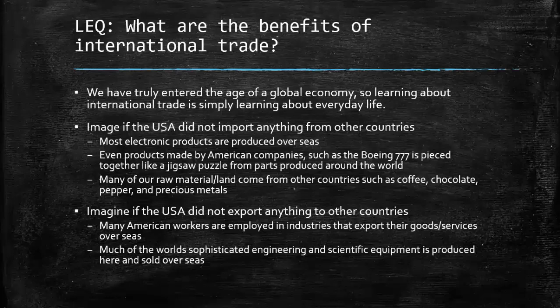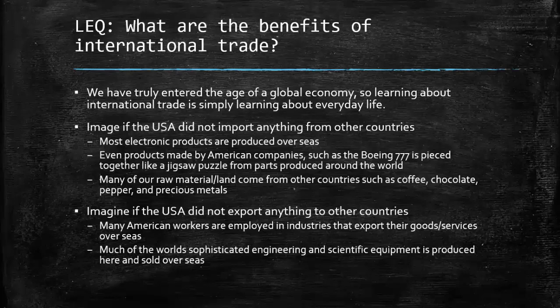Now, imagine if the USA did not import anything from other countries. Remember, think about the GDP formula. So first, most electronic products are produced overseas. A lot of our higher end electronics are produced in Japan and South Korea.